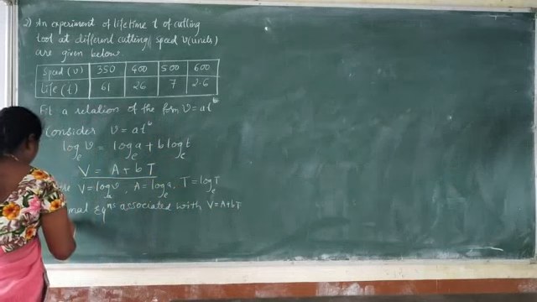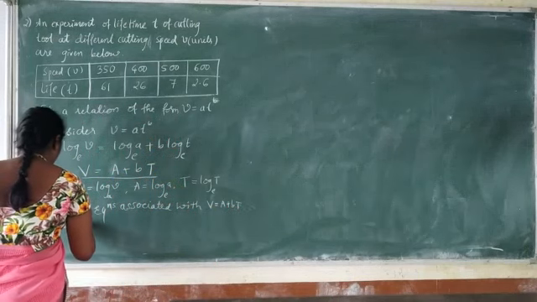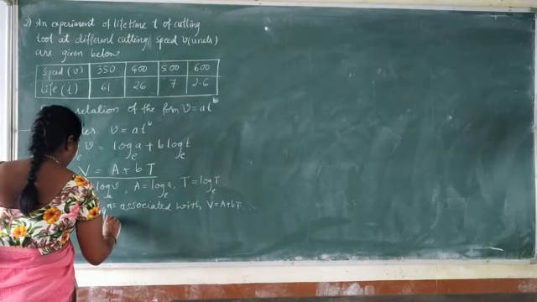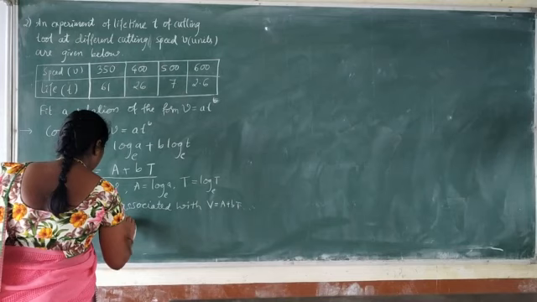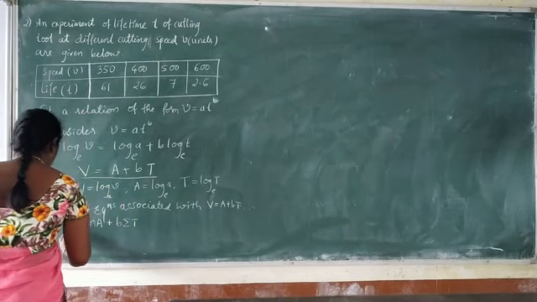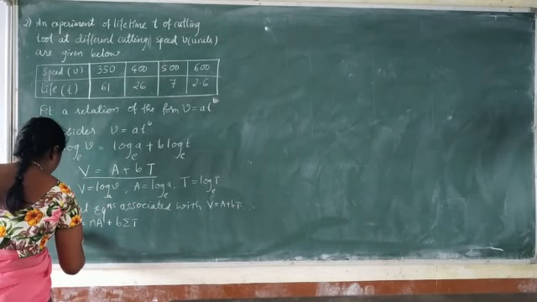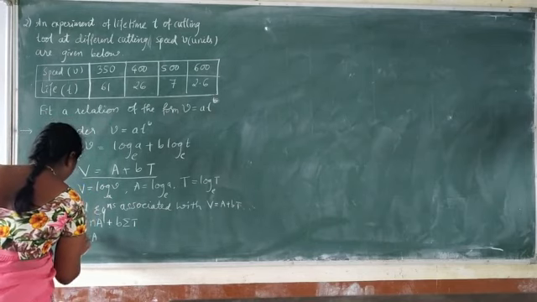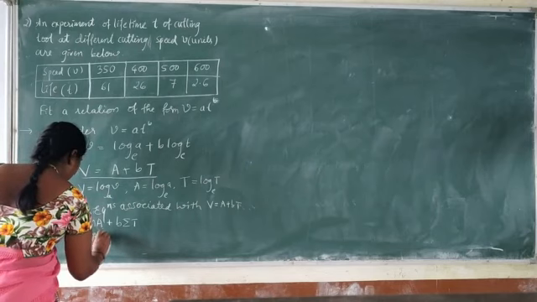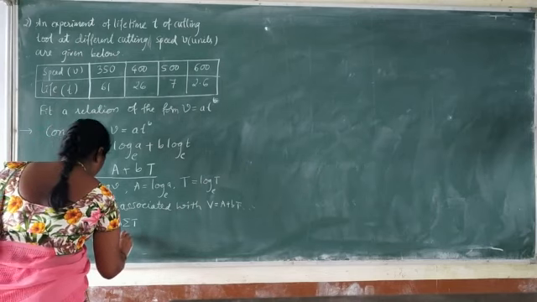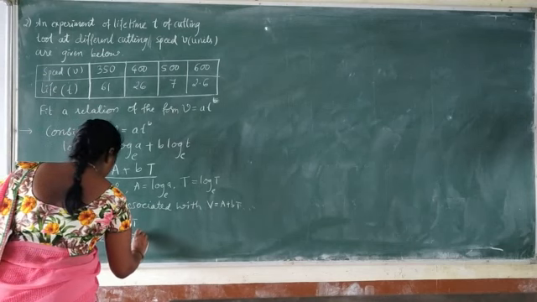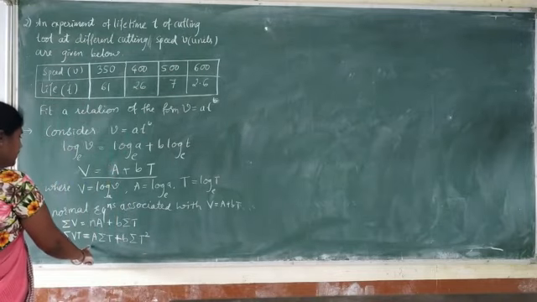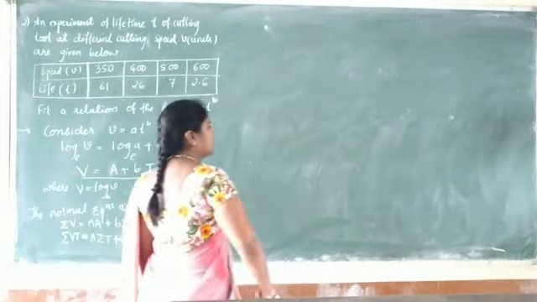First one: summation of V equals nA plus b into summation of T. Next, summation of VT equals A into summation of T plus b into summation of T square. These are the normal equations associated with V equals A plus bT.